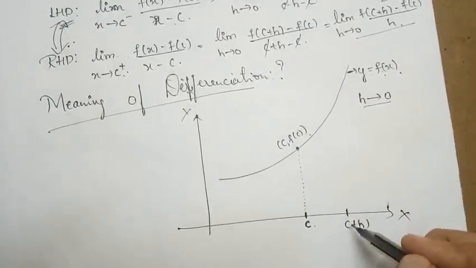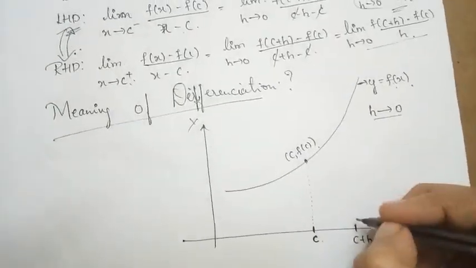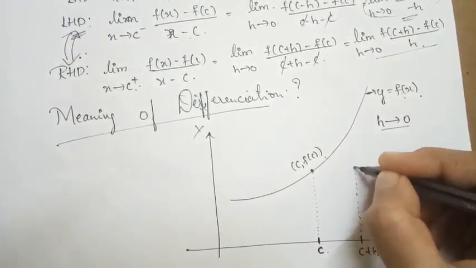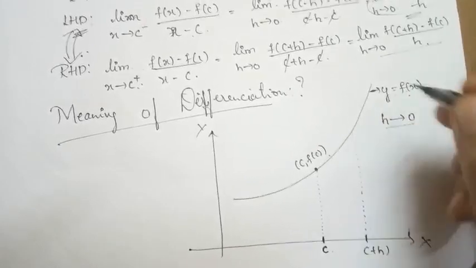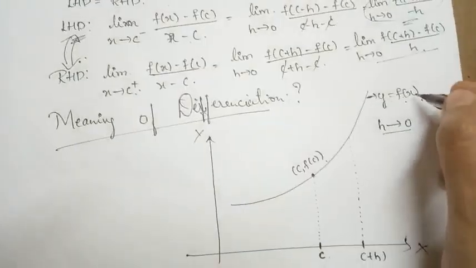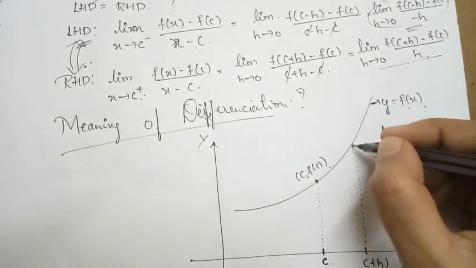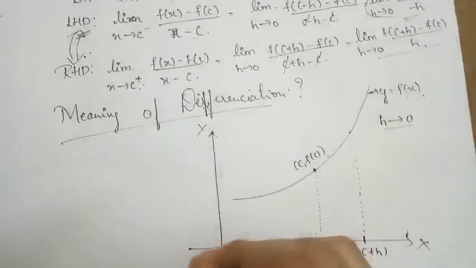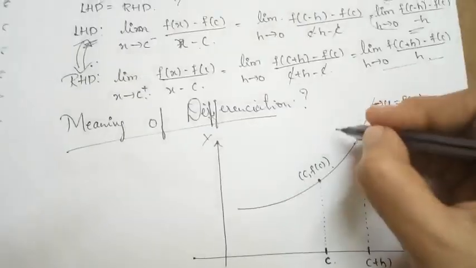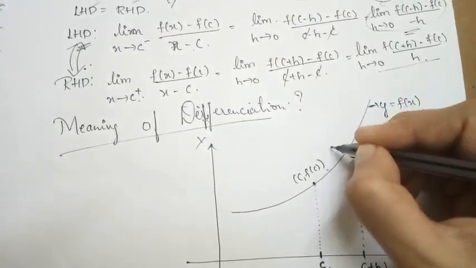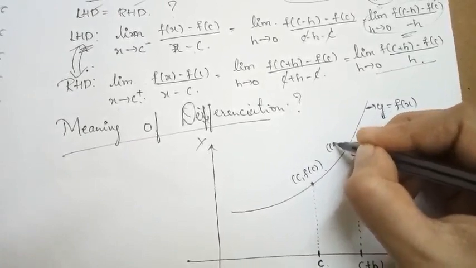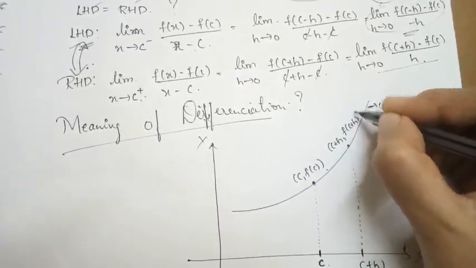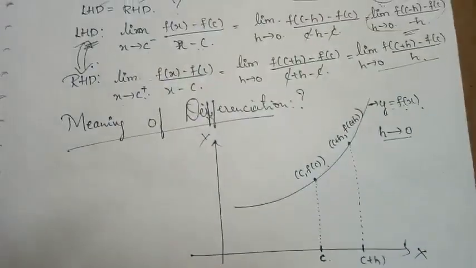Then the corresponding point on the curve y is equal to f of x will have y coordinate f of c plus h, because on the x-axis we have considered the point c plus h. So the coordinate is c plus h comma f of c plus h.